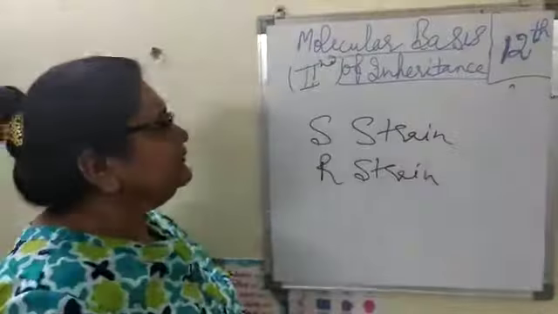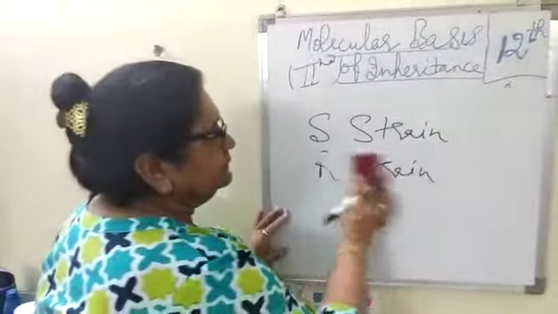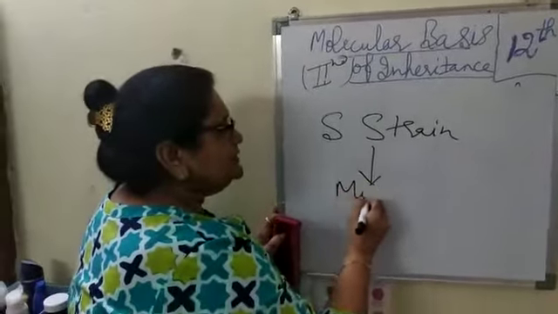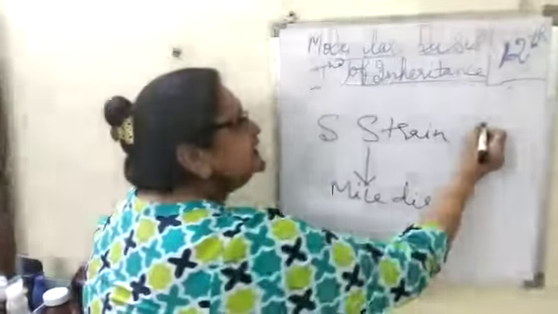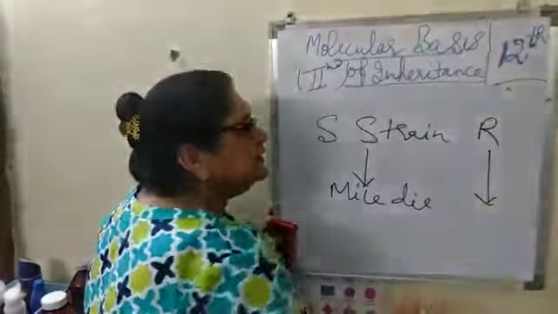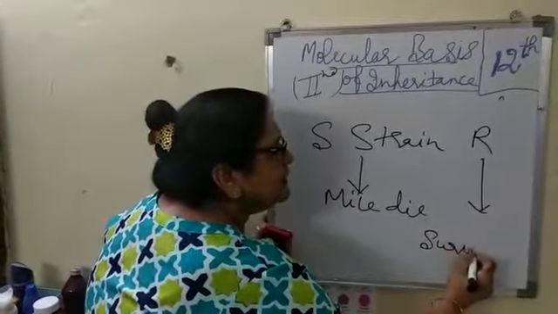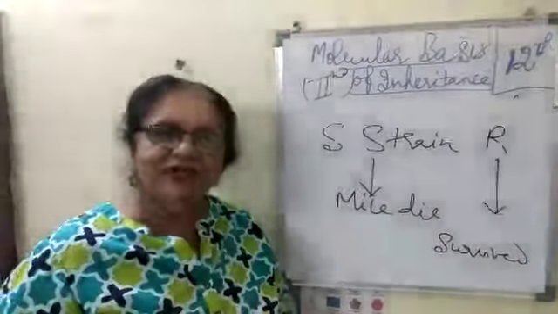In the Griffith experiment, he injected the S strain and found the mice die. Second, he injected the R strain, and the mice survived. So S acts as virulent.